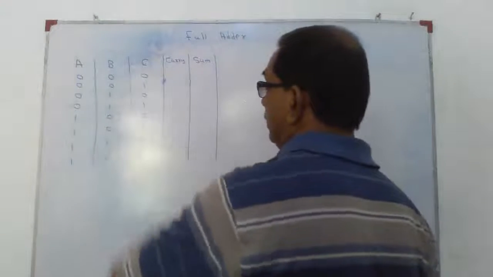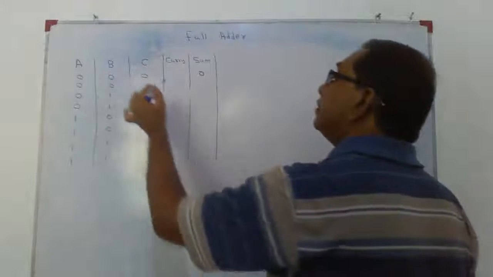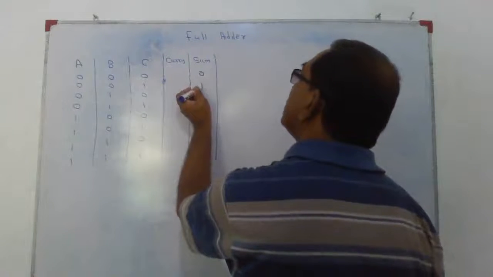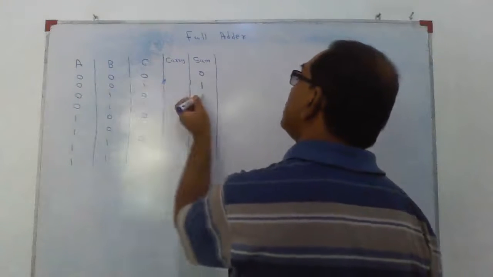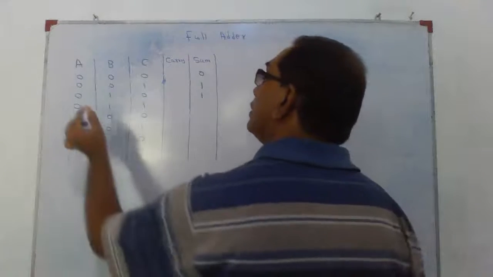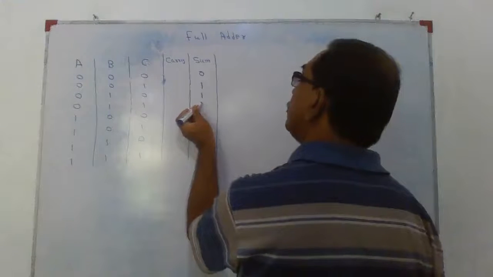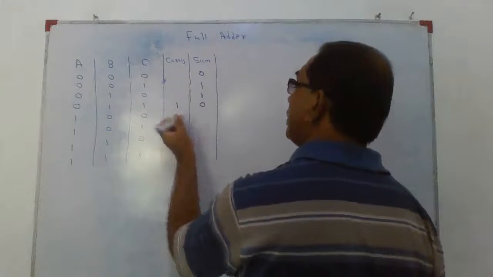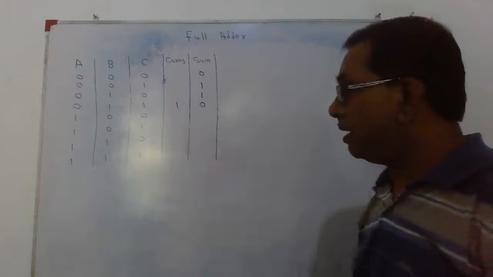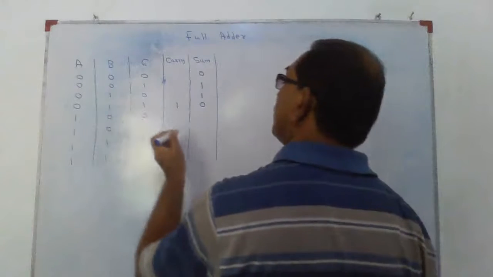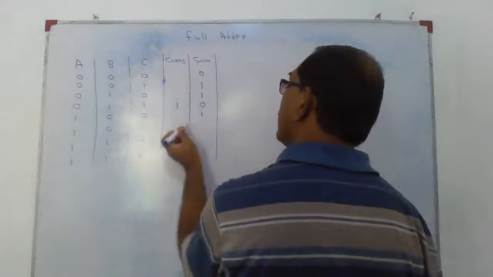0 plus 0 plus 0, sum is 0. 0 plus 0 plus 1, sum is 1. 0 plus 1 plus 0, sum is 1. 0 plus 1 plus 1, sum is 2 this time. If it is 2, we put 0 here. We have a carry bit here. Then 1 plus 0 plus 0, it is 1. 1 plus 0 plus 1, it is 2 again.